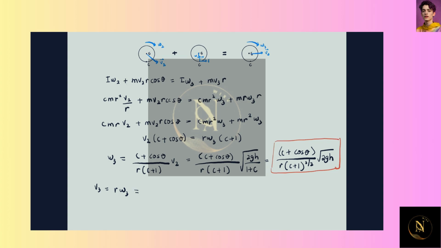Substituting the equation for omega sub 3, that would be r multiplied by c plus cosine theta over r times c plus 1 raised to 3 halves, times the square root of 2gh. Our r will just be cancelled. So v sub 3 is equal to c plus cosine theta over c plus 1 raised to 3 halves, multiplied by the square root of 2gh.